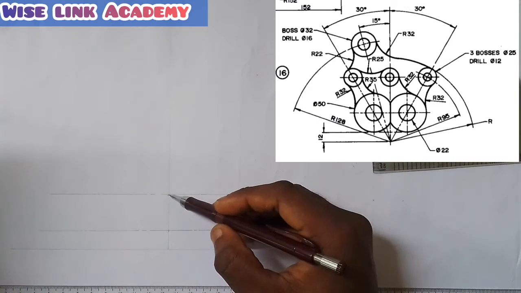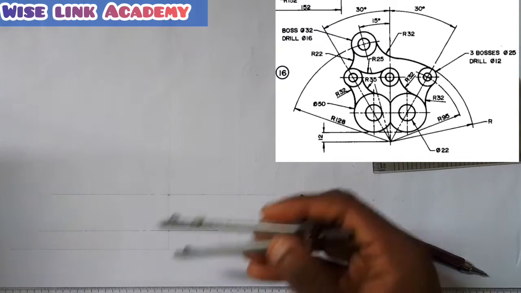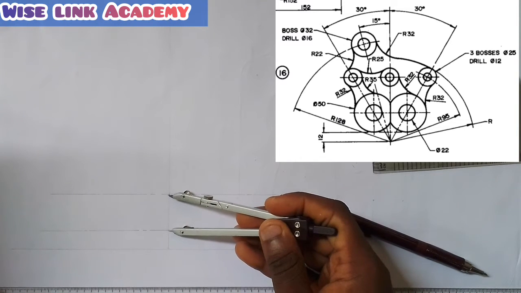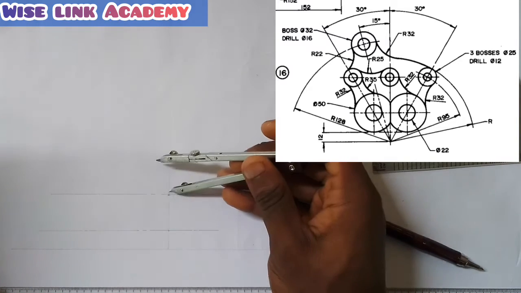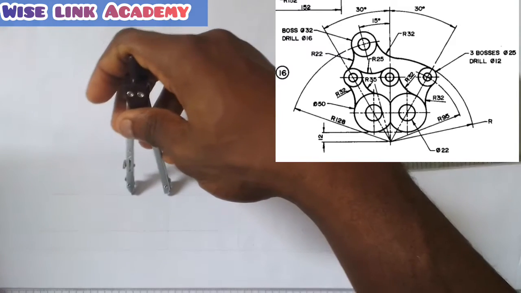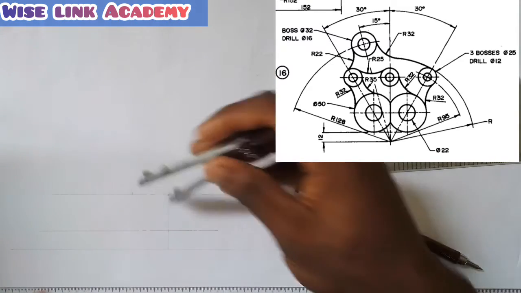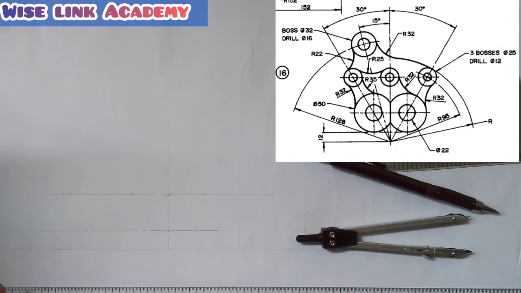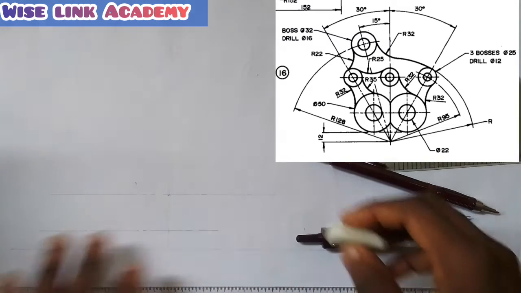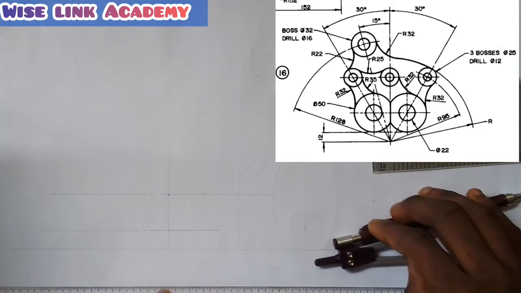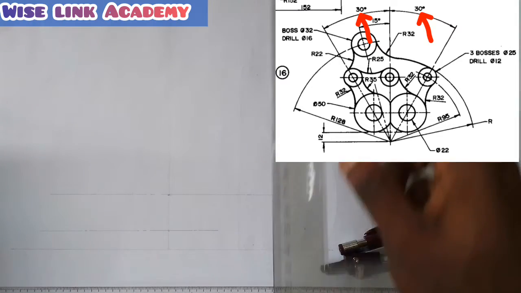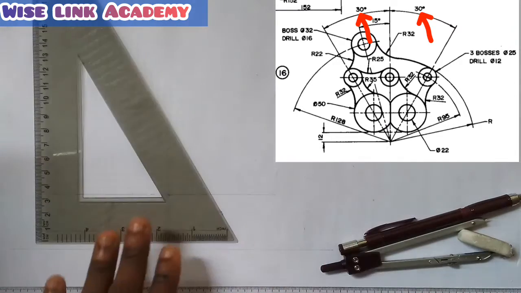Now, if you observe closely, that same 25 I used to go from this point to this point, I'll put that same 25 here and strike an arc here, right? Before I do that, I haven't considered this yet. Next step is that there's an angle of 30 degrees.